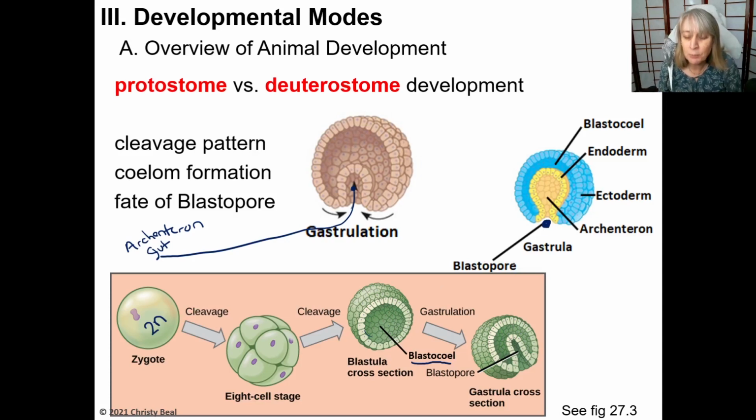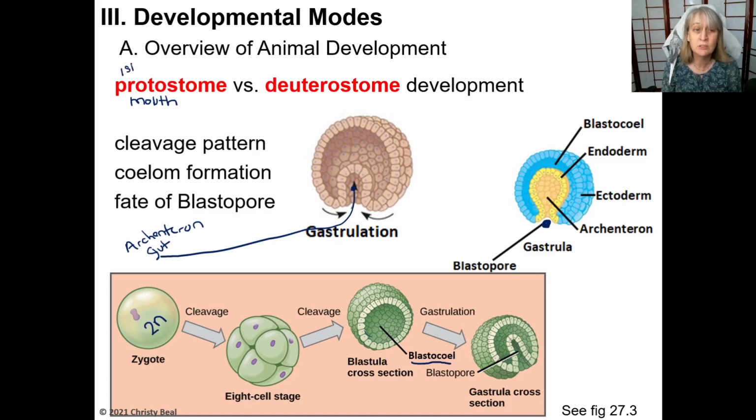The blastopore is the little place where this invagination, this gastrulation, starts to occur. Depending on whether the blastopore becomes the mouth or the anus, we classify these organisms as protostomes or deuterostomes.